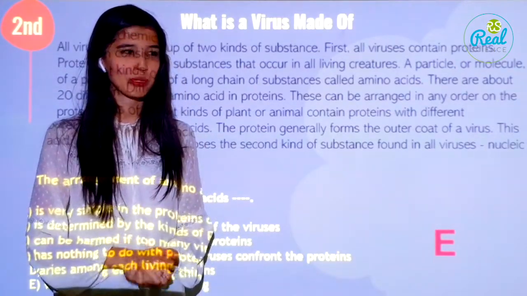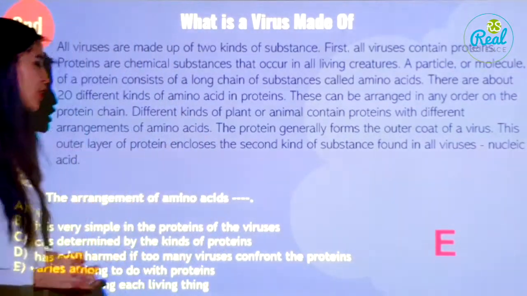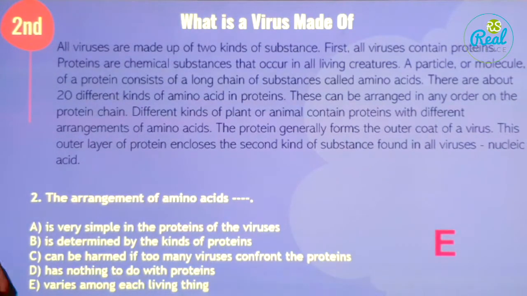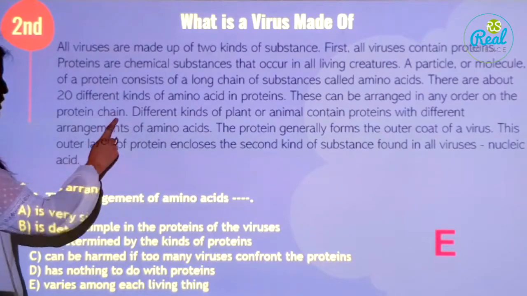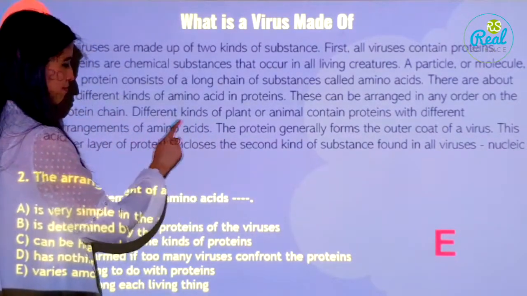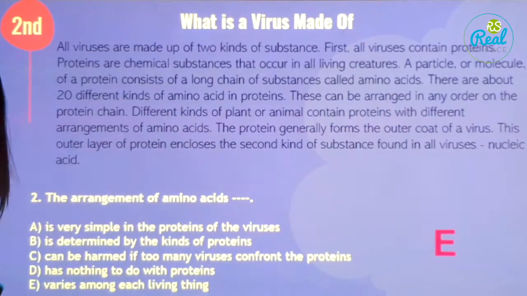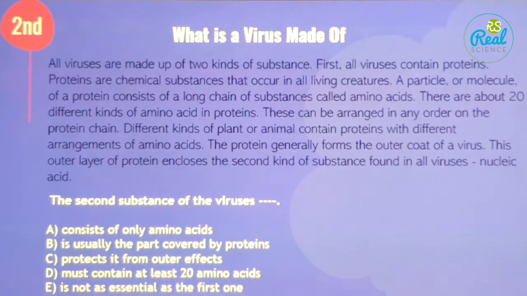The rest answered D, D, A. Okay, Asadbek, can you prove to us why the answer is E? In the middle sentences, actually, different kinds of plant or animal contain proteins with different arrangements of amino acids. You can see it over here. Yes, the different kinds part. Different kinds means it varies. Yep.